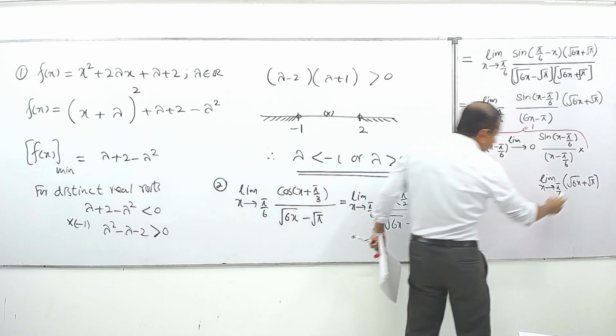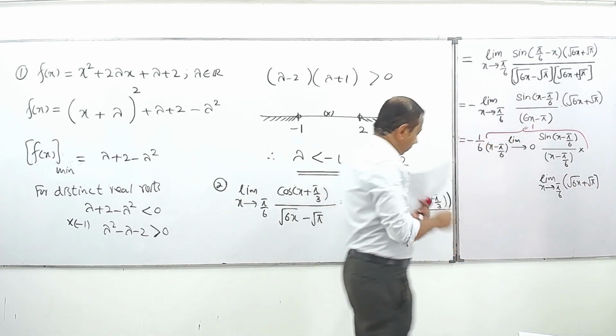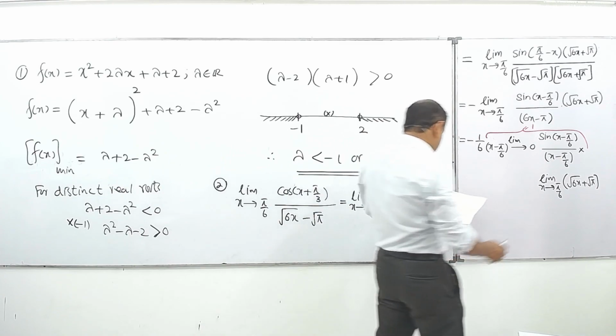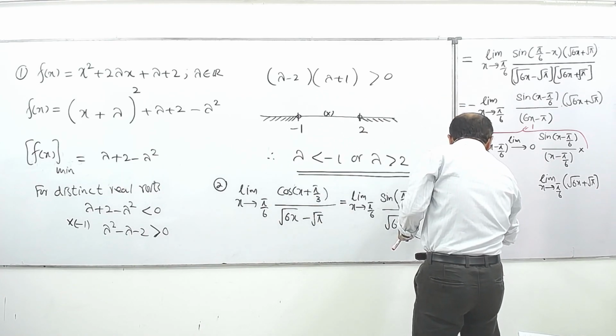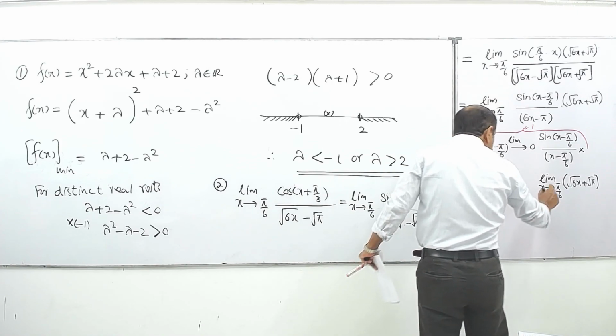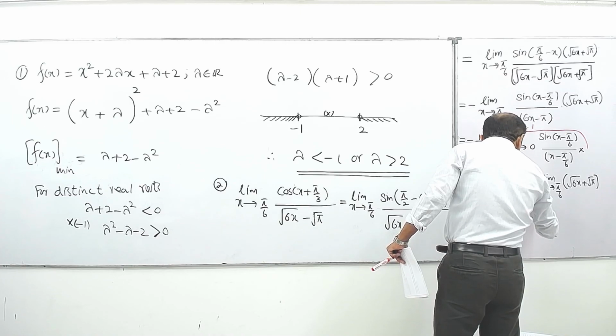Then here once I put pi by 6, that 6 and this 6 you can cancel down, root pi, you know. Then we get this way, minus 1 over 6 into 1 into pi by 6 when you put here, root pi plus root pi, right?